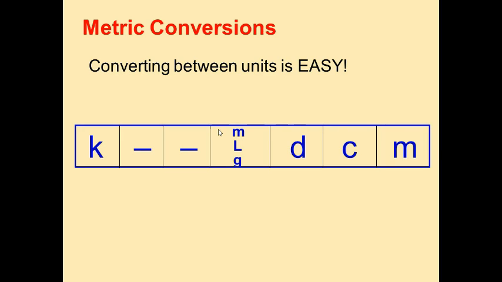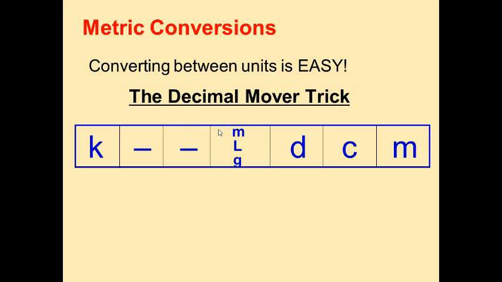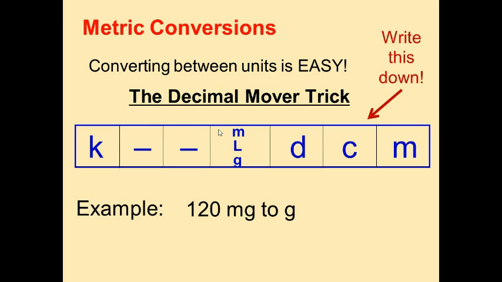Converting within the metric system is pretty easy because all we have to do is move the decimals. Here are the prefixes that we have to know. K stands for kilo. These two we don't have to remember, but for your information, hecto is 100 and deca is tens, but you don't have to know these.